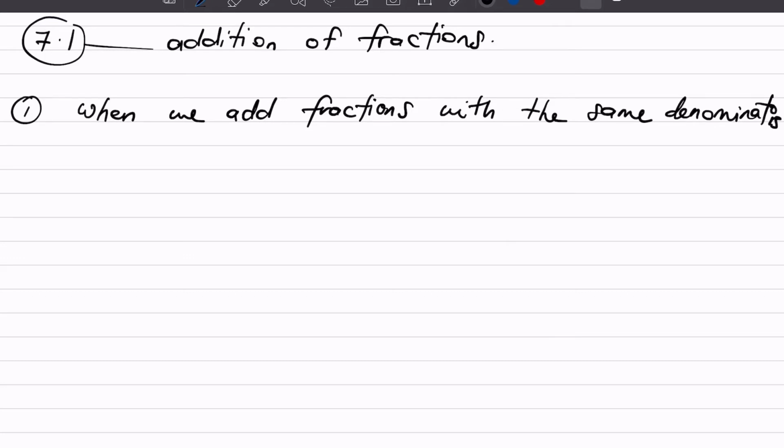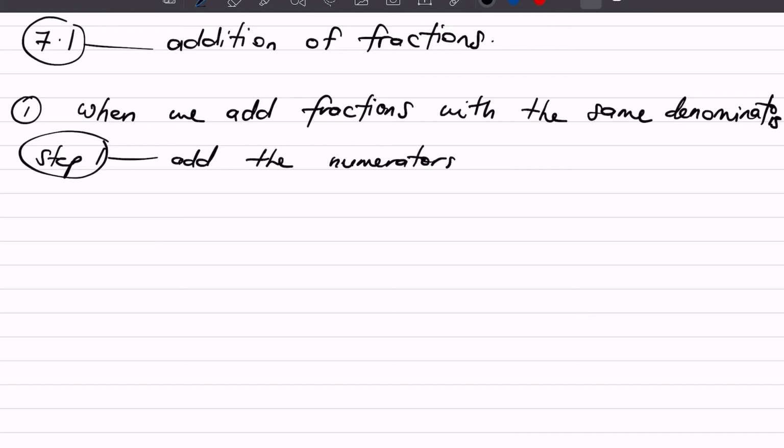When we add fractions with the same denominators, what is the first step? The first step is to add the numerators and maintain the denominator.